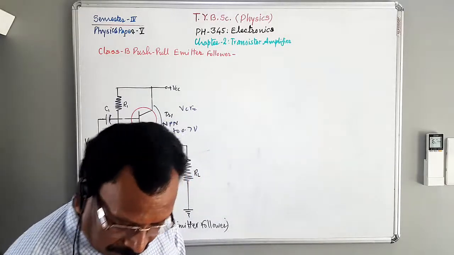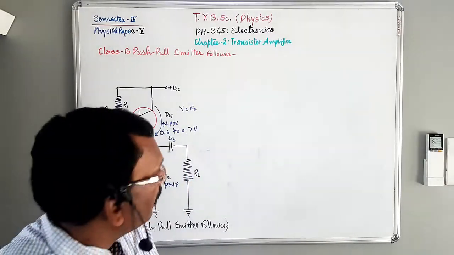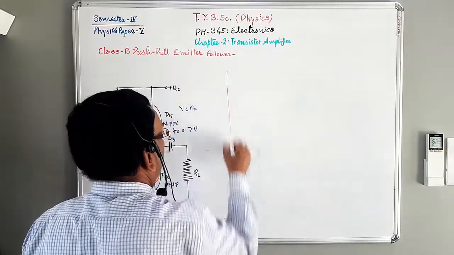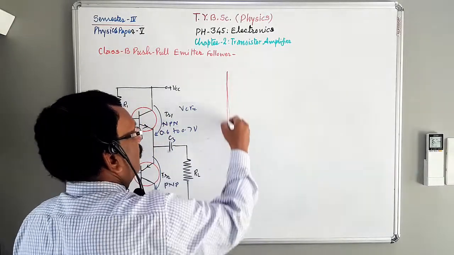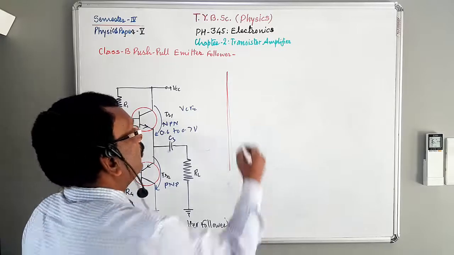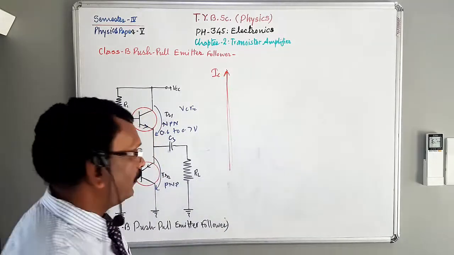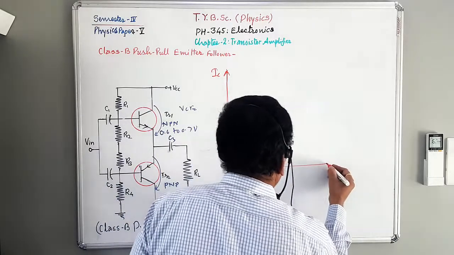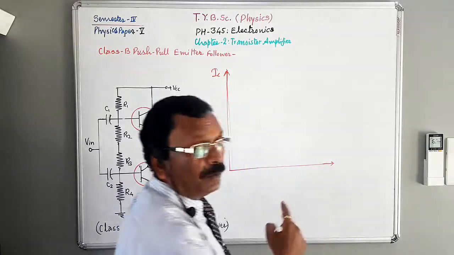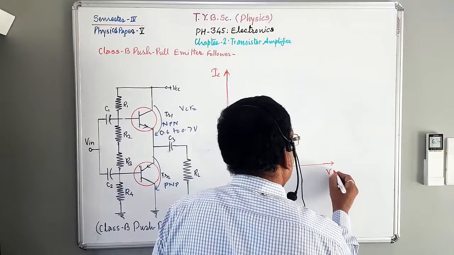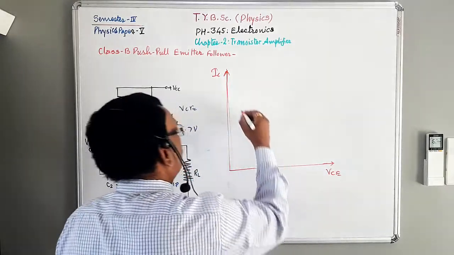Suppose this is the y-axis on which collector current is taken, and this is the x-axis on which voltage between collector and emitter is taken.